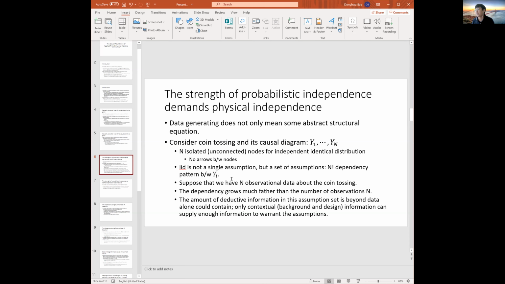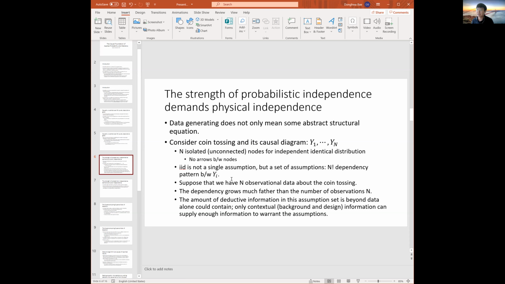So the amount of deductive information in the IID assumption set is beyond what data alone could contain. Only background design information, such as whether the coin is randomly tossed or not, can supply enough information to warrant the IID assumption.